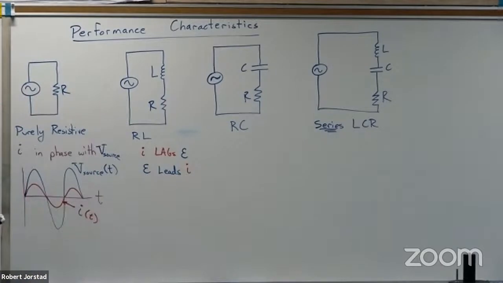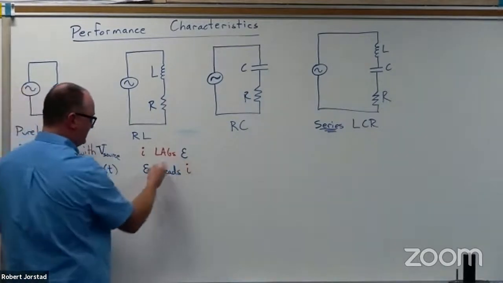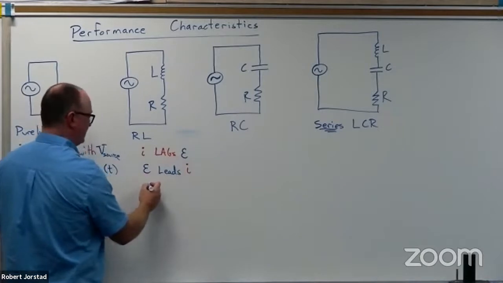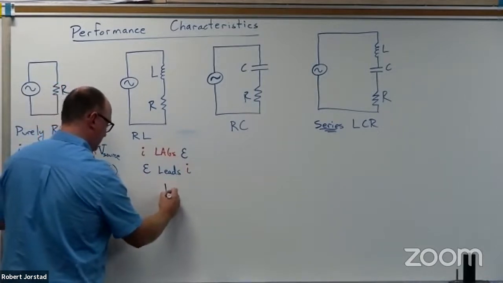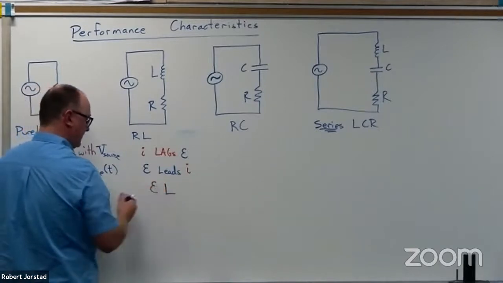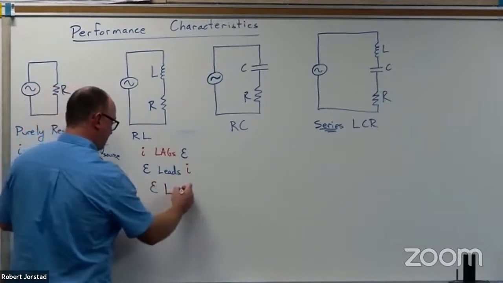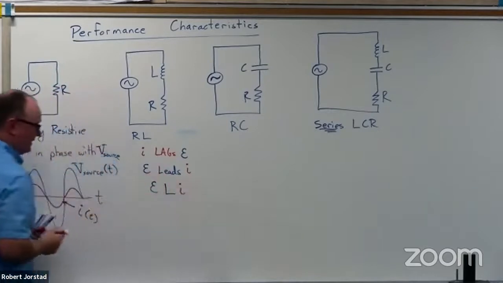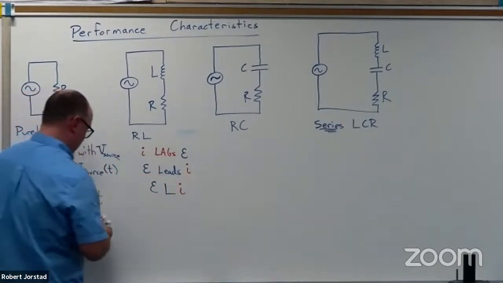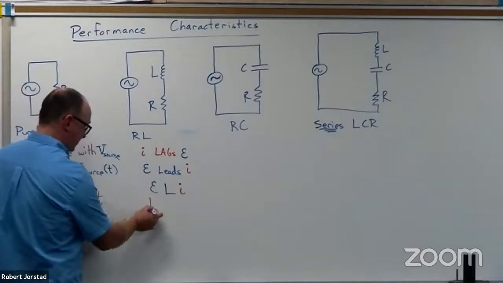Now in this case, the reason I'm changing these letters like this is because you could see for an inductor, L for an inductor, E leads I. ELI is going to be a way we're going to remember that. Now, in terms of what the plot looks like, let's just draw that plot really quick.